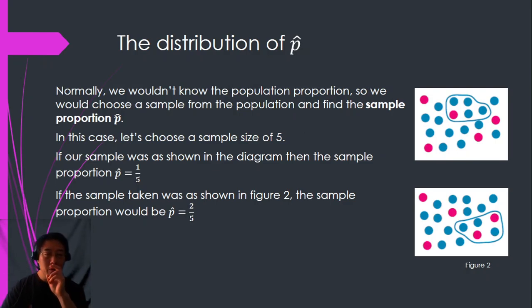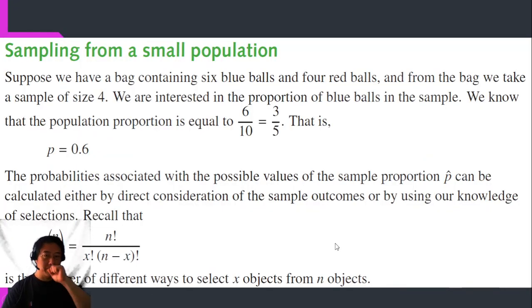When we look at the sample proportion, we're going to look at two situations depending on the population size. Is it a small population or a large population? Let's look at a small population and do some sampling. We're going to calculate the sample proportion, do a distribution, and finally get the expected value and determine the standard deviation.